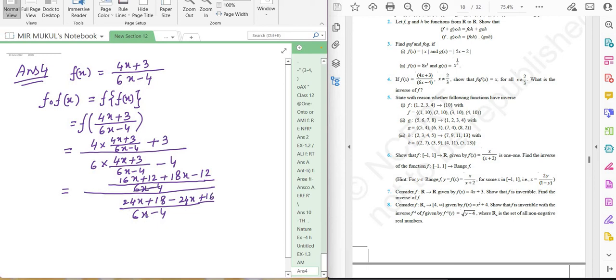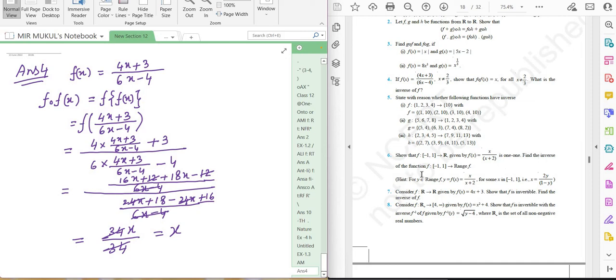So these will be cancelled. 24x cancels, 12 and 12 cancel. 18 plus 16, how much? 34x, and in the denominator we also get 34. 34 cancels, so x will drop.